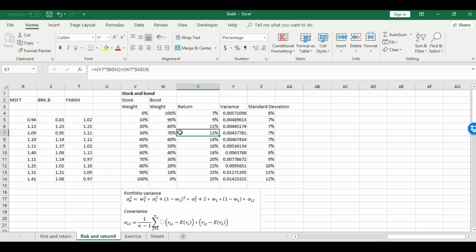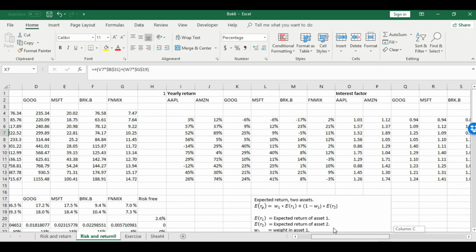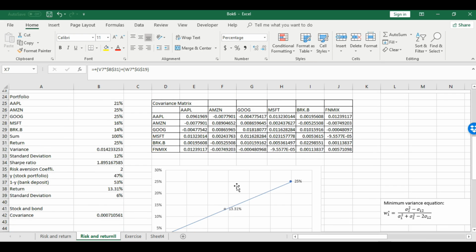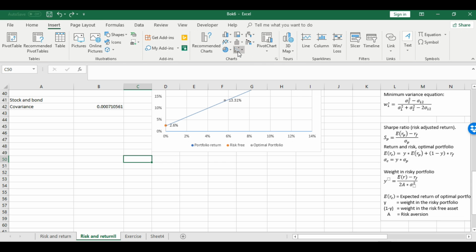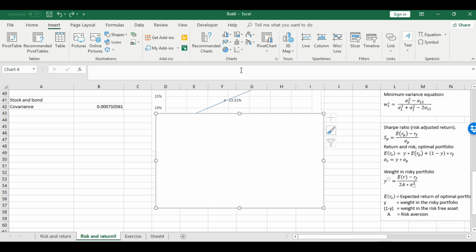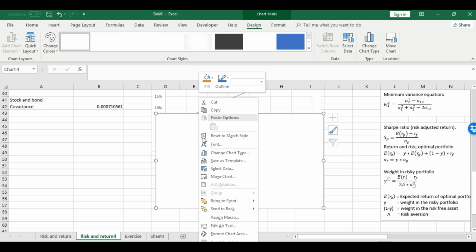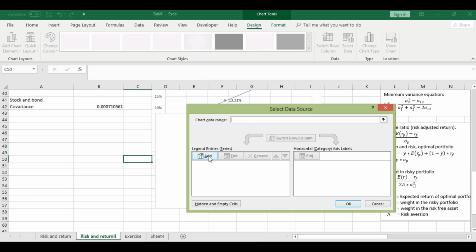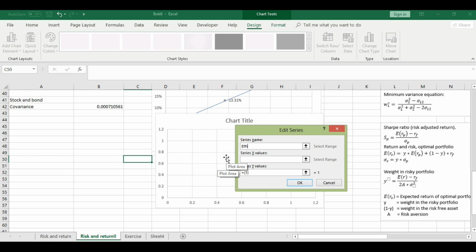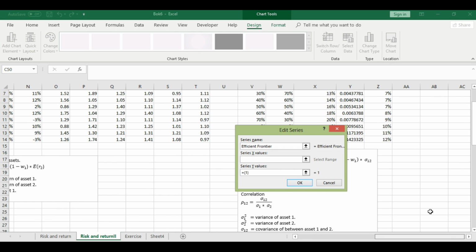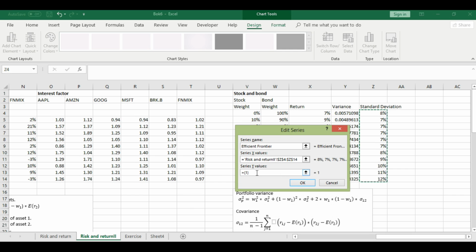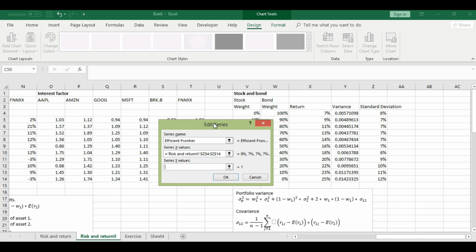And now we put this data into a graph. So insert scatter chart, select data, add, the x values can be the standard deviations, the y values will be the returns.